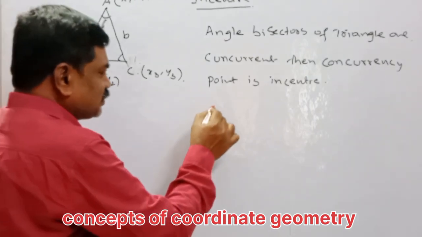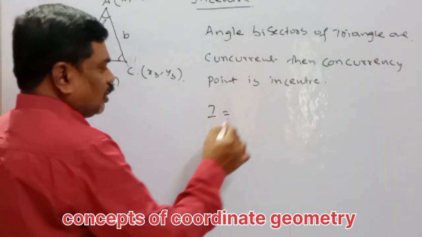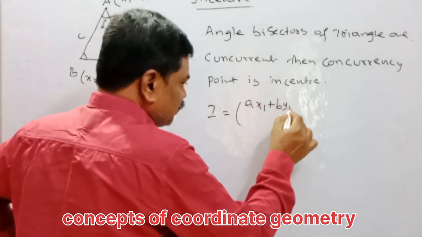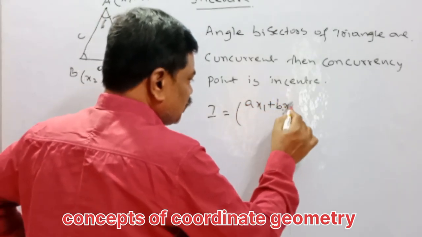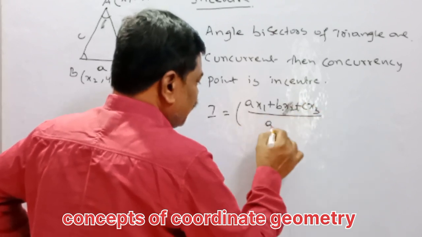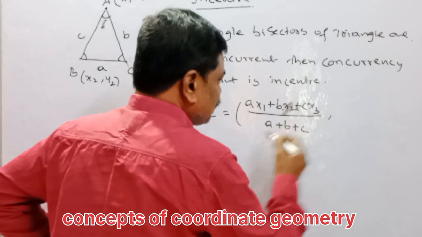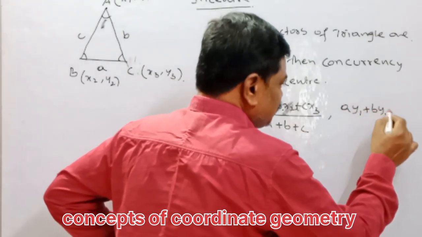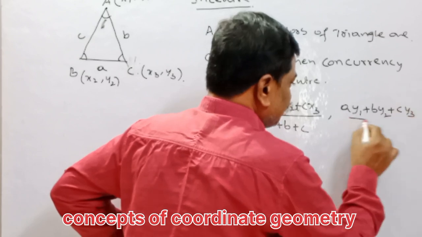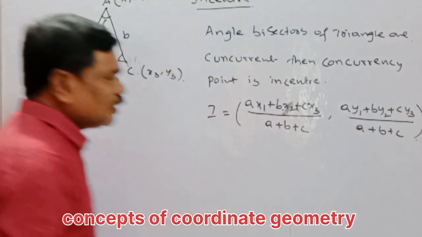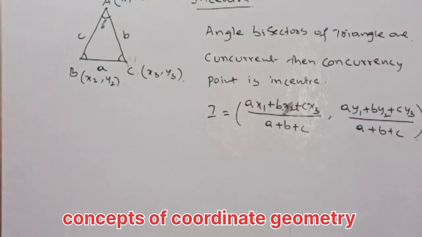The incenter is represented by I. I is equal to (a x1 plus b x2 plus c x3) by (a plus b plus c), comma, (a y1 plus b y2 plus c y3) by (a plus b plus c). This is the incenter of the triangle.